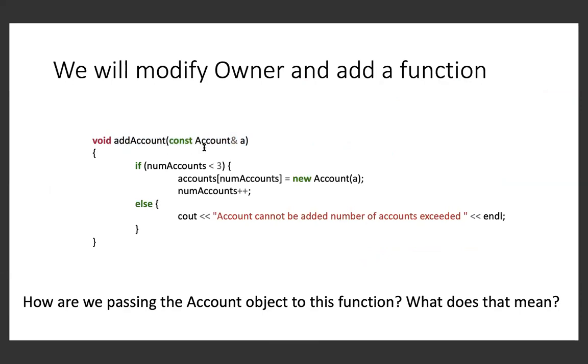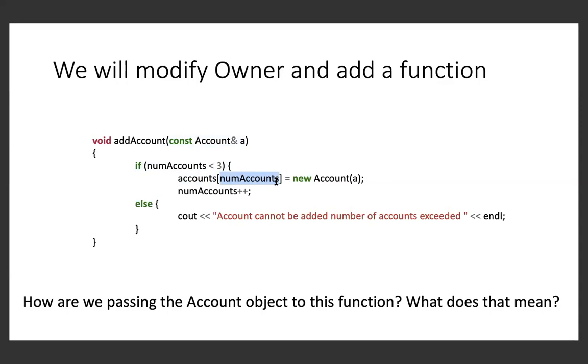This function is taking an account by constant reference. So it's taking some account object that we're passing to it by constant reference. And now we're checking if the number of accounts we have is less than 3, which means we did not go over the maximum number of accounts. We're going to access the pointer array, which is accounts, at the index of the number of accounts that we have.